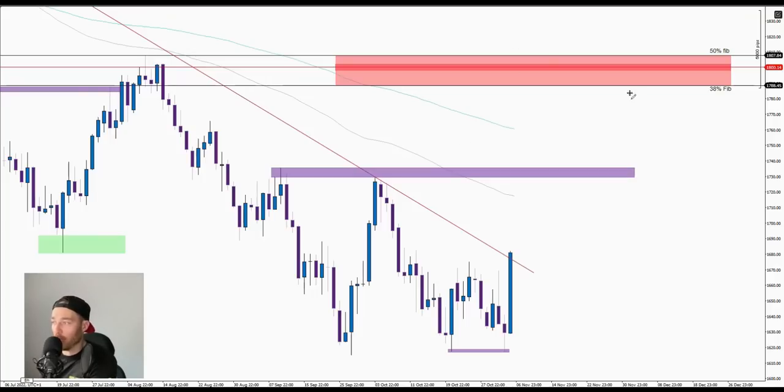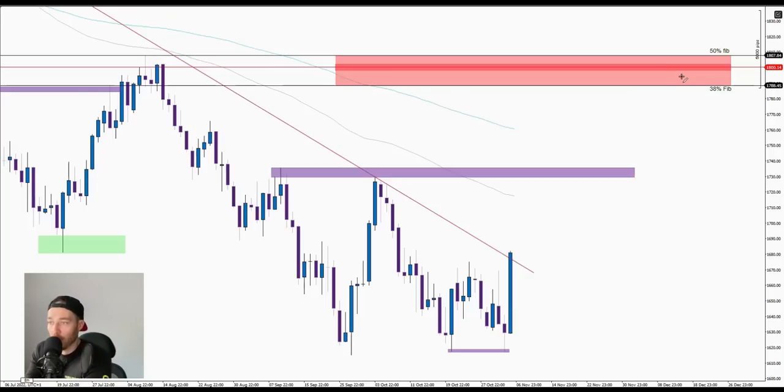In this specific area, we are seeing a 50 fib from a weekly level, another 38 fib from a higher weekly level, a strong key level with a rejection, and a big psychological number.